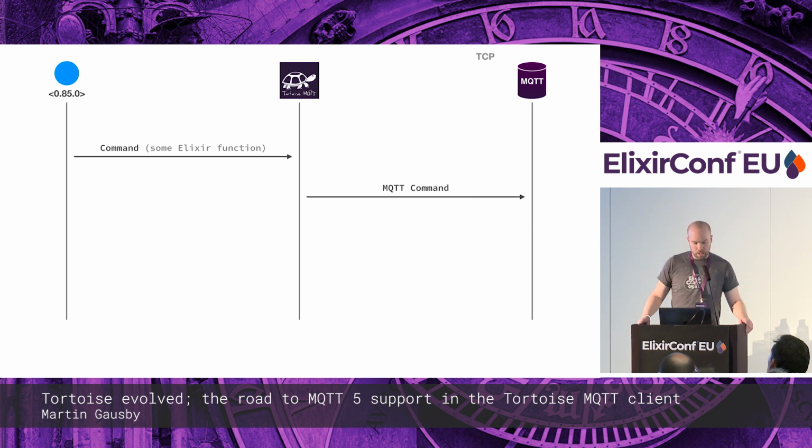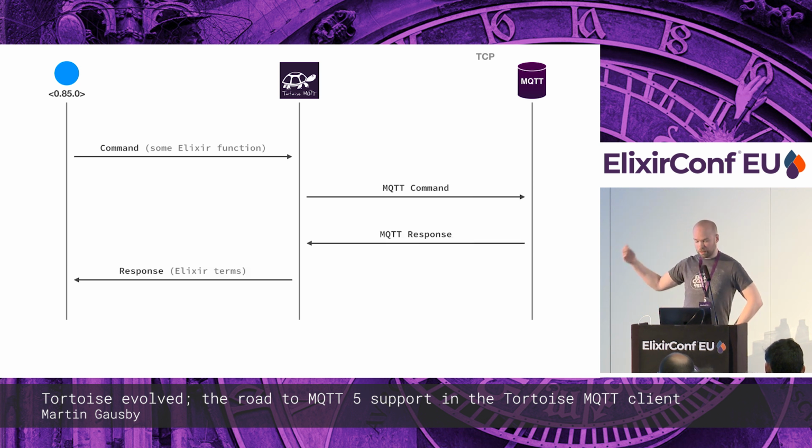So we want to send commands from our caller into Tortoise, and that needs to do the communication with the MQTT server. And the server will send back an MQTT response, which Tortoise will handle and send back to us as an Elixir term.